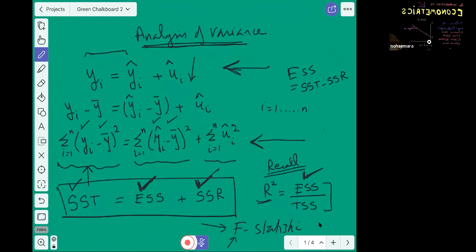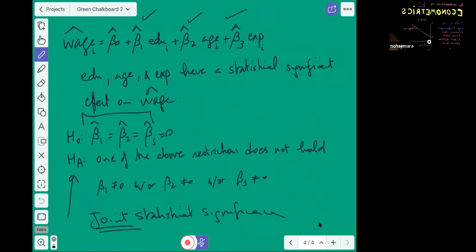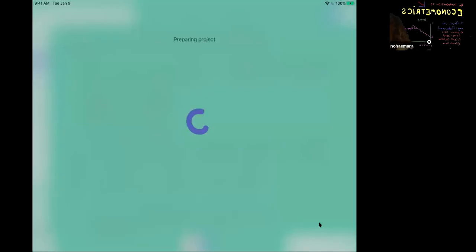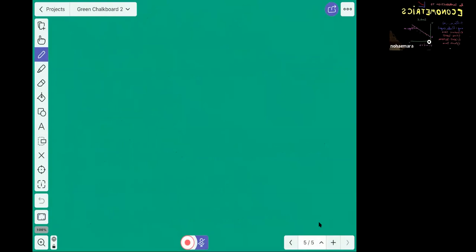So let me show you here the equation of the F statistic, which is our number one, the model F stat. The F statistic is equal to the explained sum squared over the sum of the squared residuals, okay? However, I need to divide each by certain degrees of freedom.